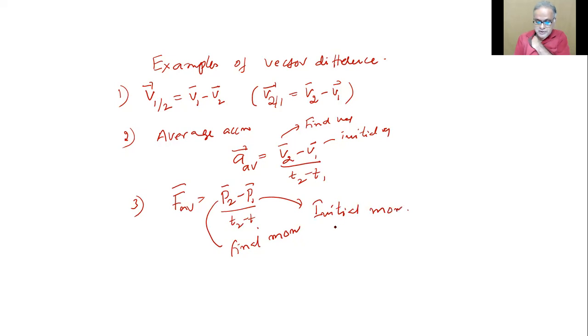And momentum is mass into velocity. So whenever you want some change, then you get what you call the vector difference into picture. So just write down these three. I'll go on giving examples to illustrate the meaning of these ideas.